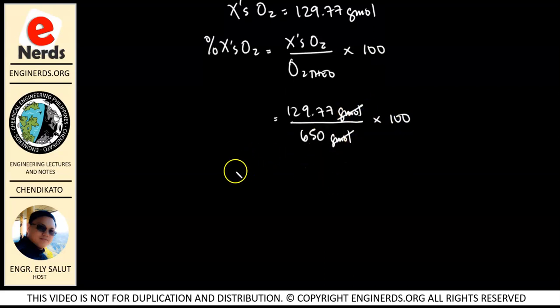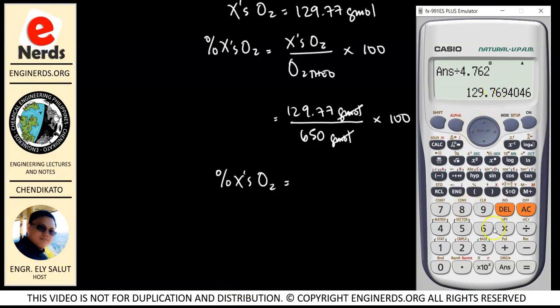Alright, so our percent excess O2 is equal to 129.76 divided by 650 times 100. So we have 19.96%.